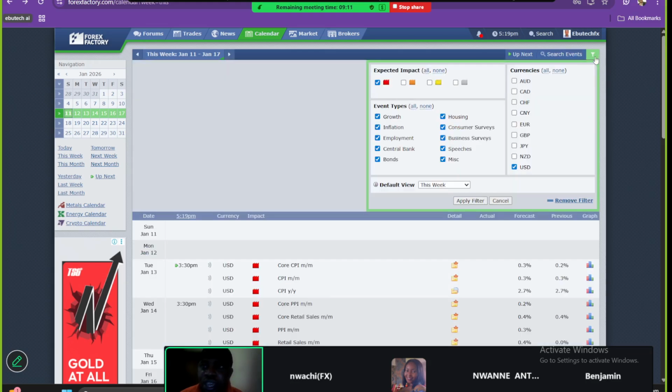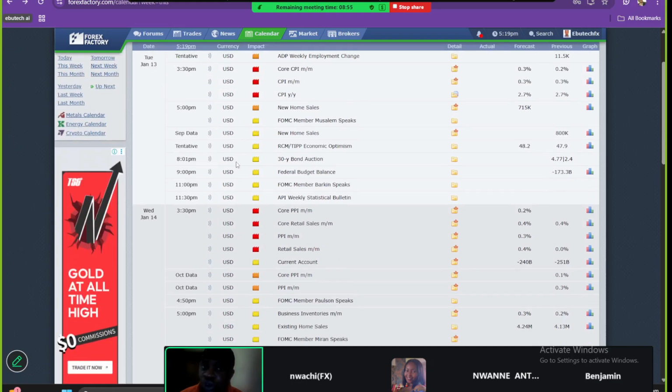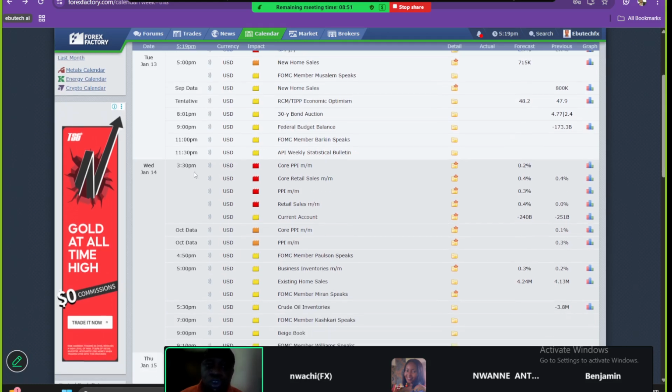If you still come here, you will still see USD news, but this USD news is not going to affect US30. As you can see yellow here, yellow, yellow, yellow, all these things are USD, but it's not going to affect US30 because it's not a strong news.